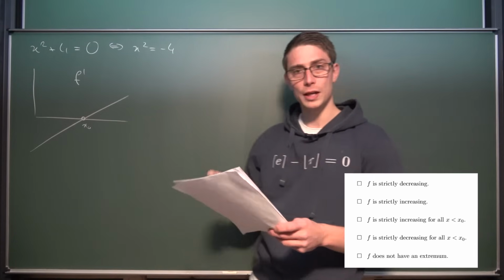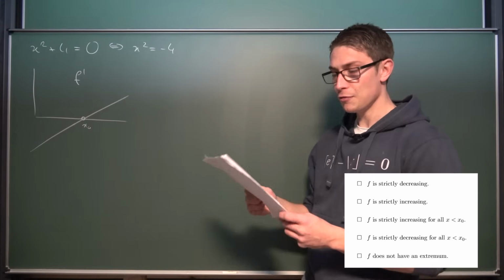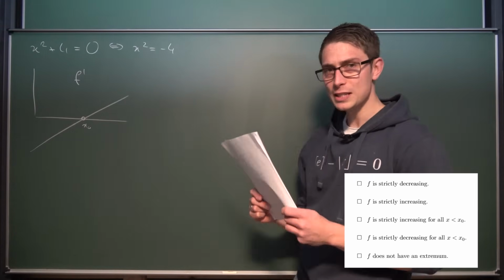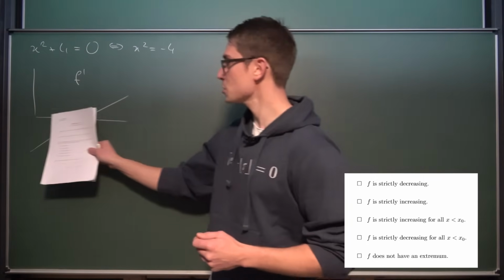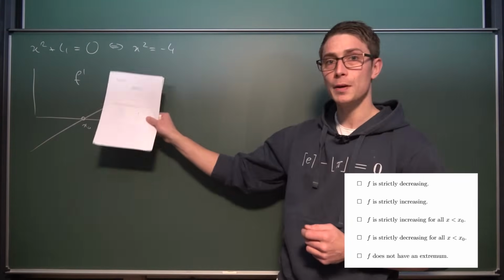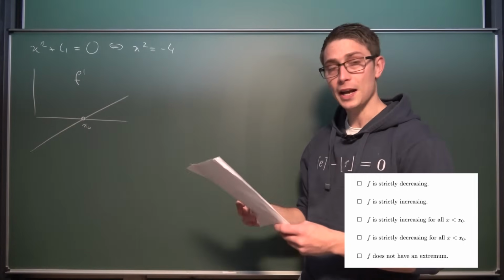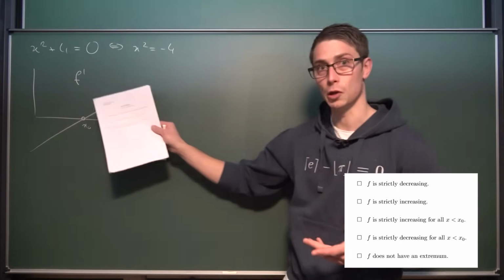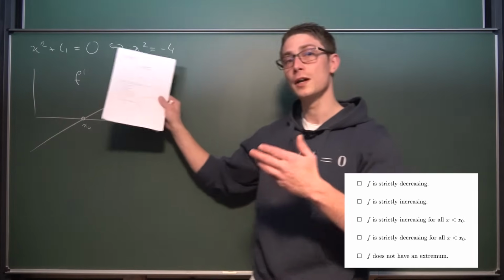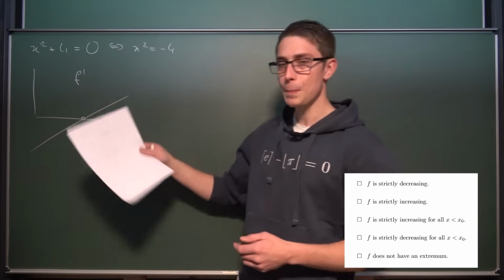Now let us take a look at the options that we have. F is strictly decreasing. Now this is not the case here, because if it were strictly decreasing then all the y values of this function f prime would be negative. Same thing for f is strictly increasing: then all the y values, because it gives us the slope, so the y value corresponds to the slope of the original function, would be positive.